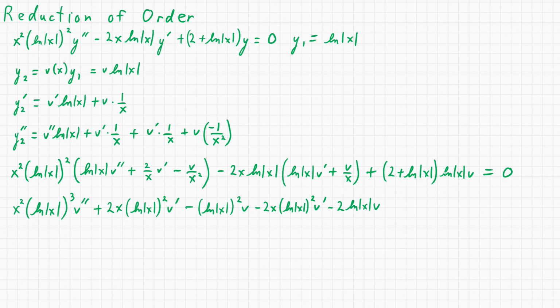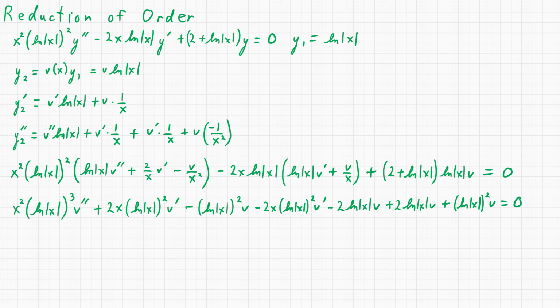Then we've got plus 2 natural log absolute value of x v, plus natural log times natural log, so that's natural log absolute value of x squared v. That's all supposed to equal 0.